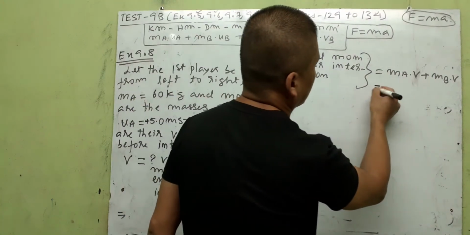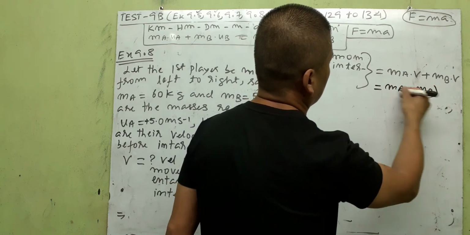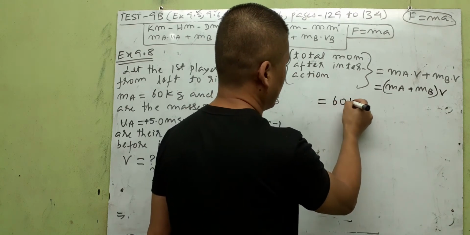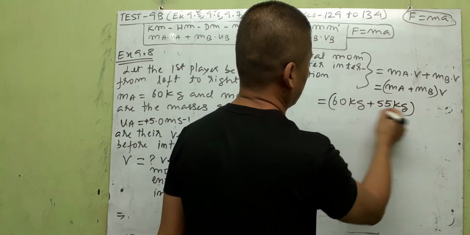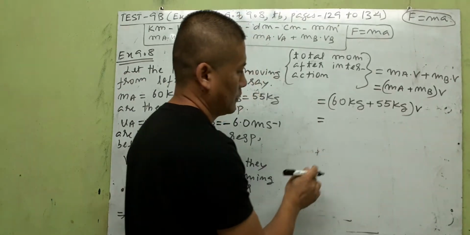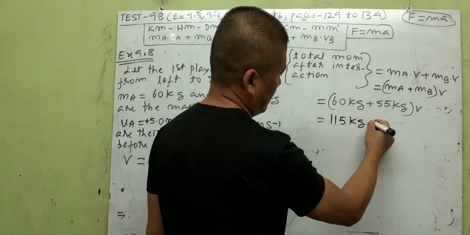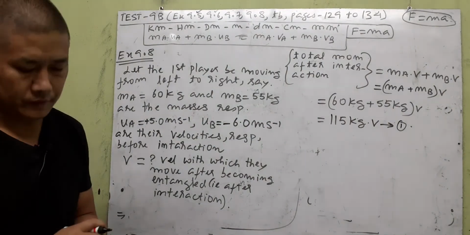So this common factor you take out means MA plus MB into V. So that will be 60 kg plus 55 kg into V. So 115 kg into V, equation number 1.